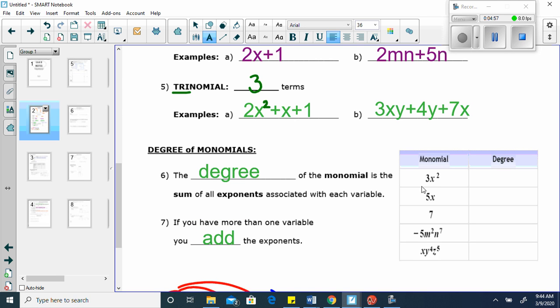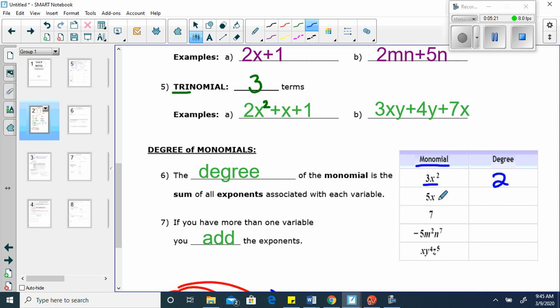For example, 3x squared is one term, so it's a monomial. All of these are one term only. What is the degree of this term? 2. Good, it is my exponent, or the sum of the exponents.